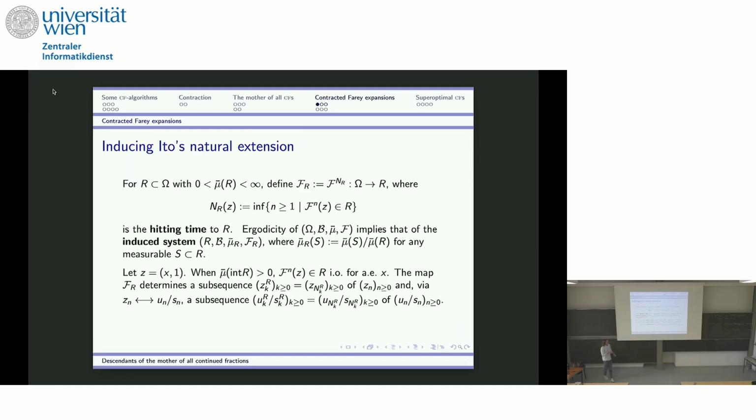So this is giving us a natural subsequence of the orbit determined by our space R. And via the one-to-one correspondence from the previous slide, we naturally get a subsequence of the Farey convergents of x as well. This is just the corresponding subsequence that we pick out when we enter R via this one-to-one correspondence between the convergents and the orbit.